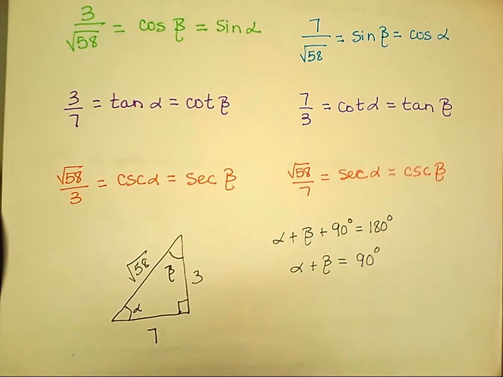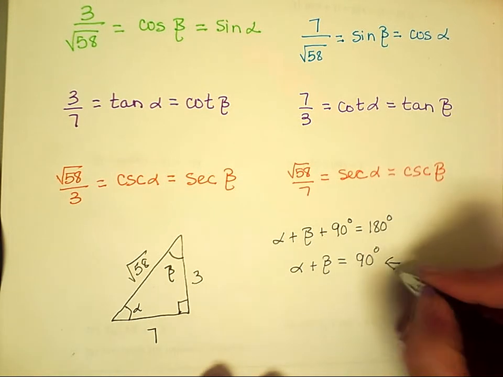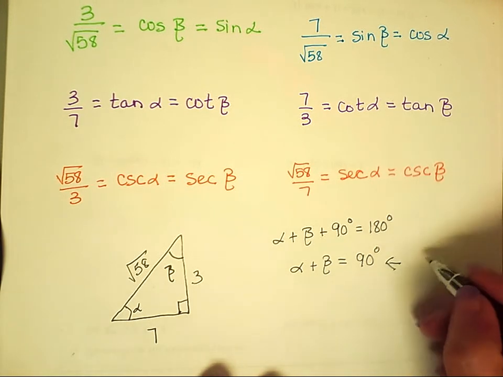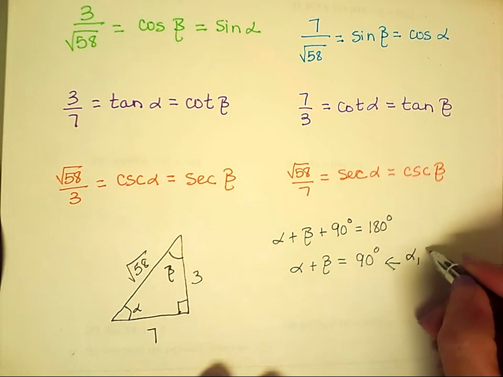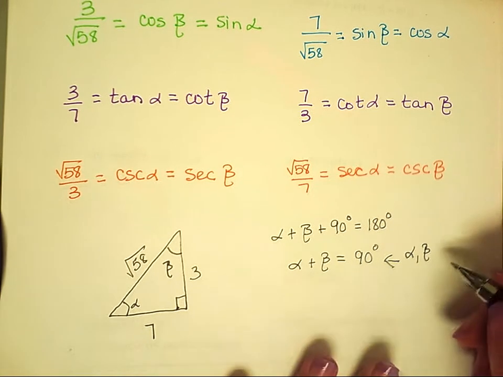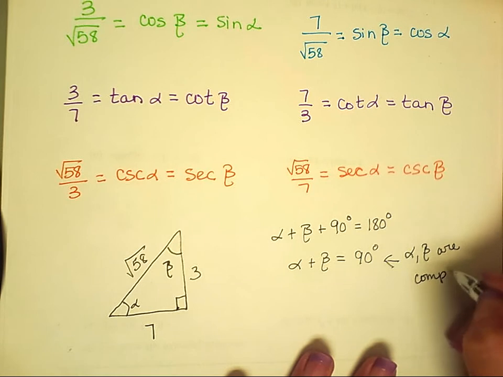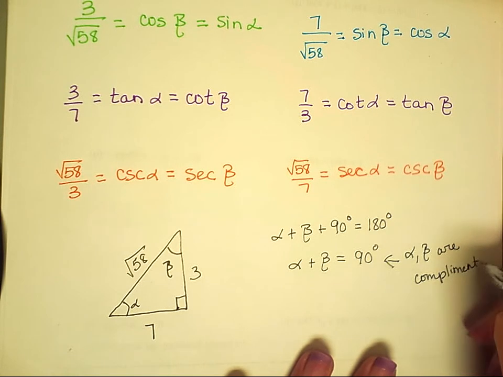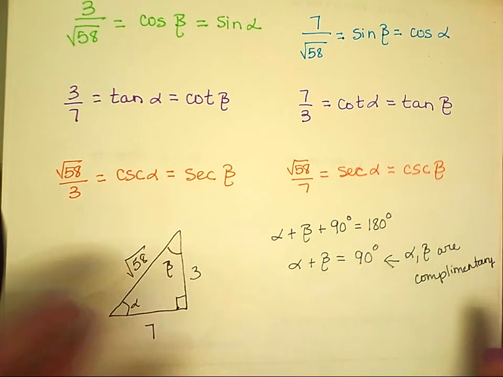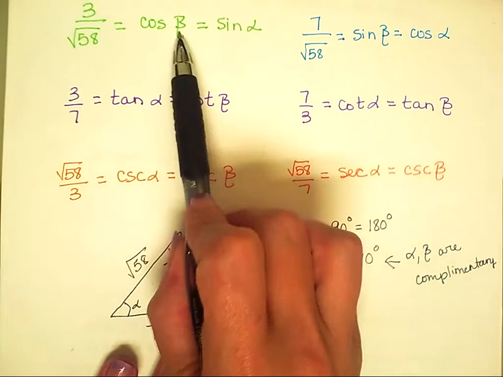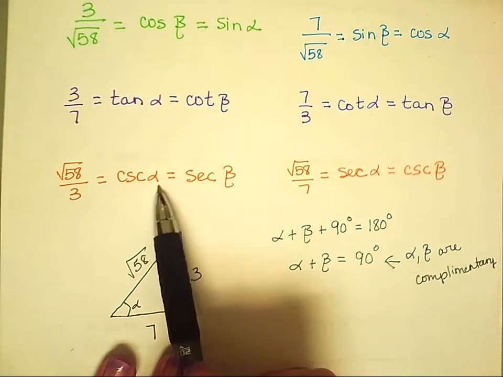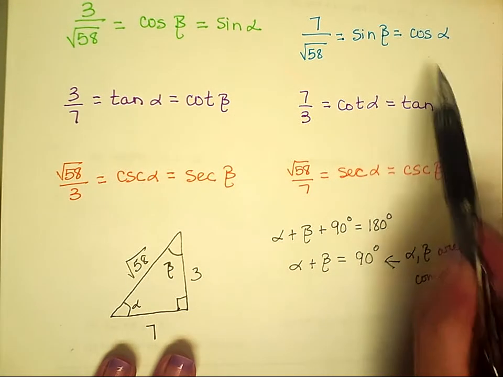And what we'll see then is that alpha plus beta must add up to 90 degrees. And what this means then is any two angles that add up to 90 degrees are called complementary. So alpha and beta are complementary.